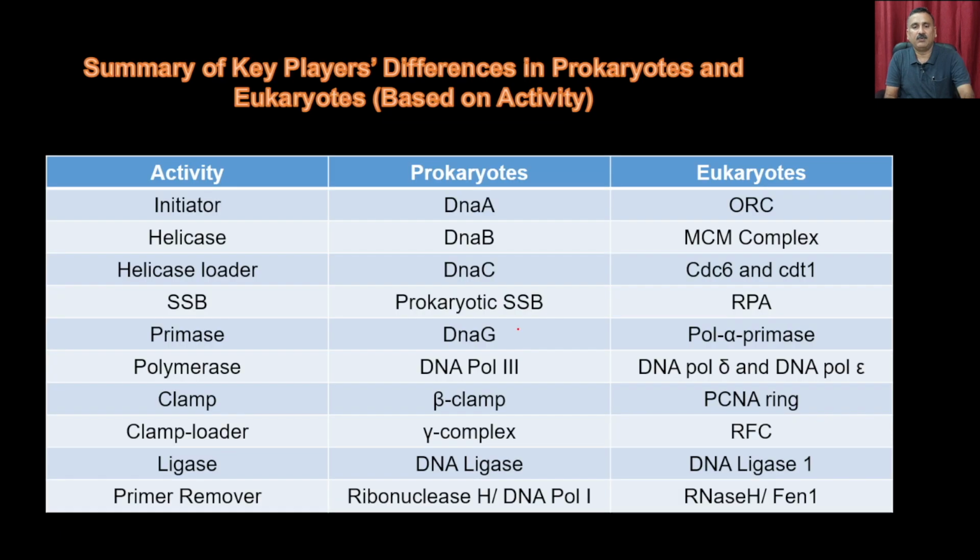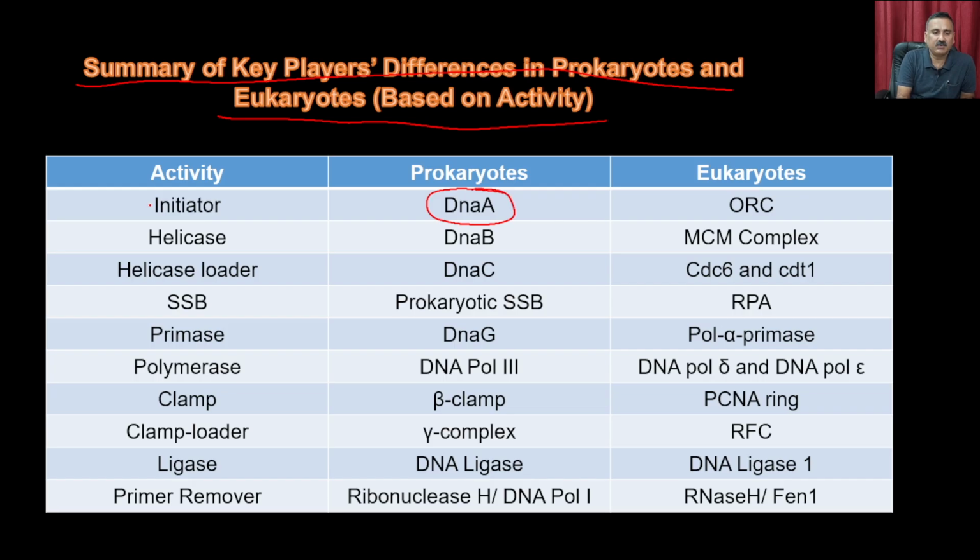Now, let us talk about the summary of what we have discussed so far. What is the difference between replication in the prokaryotic and the eukaryotic system? In initiation, in prokaryotes you have DnaA participating in the initiation reactions, whereas in eukaryotes you have the protein called ORC.